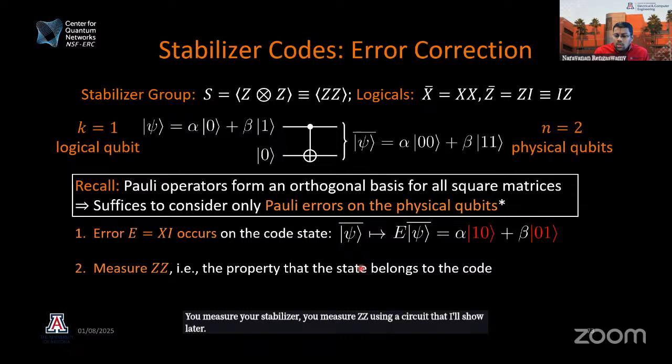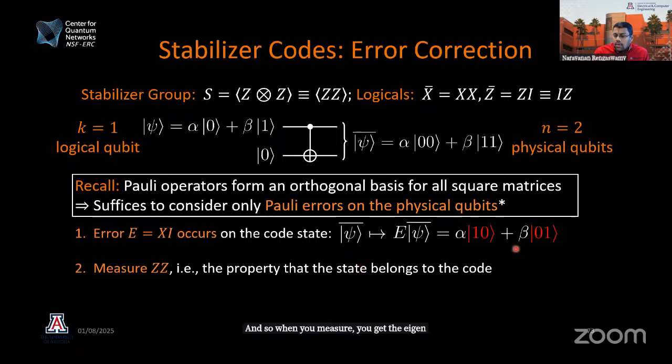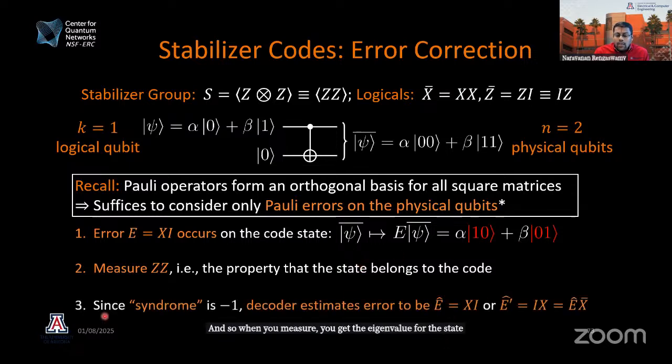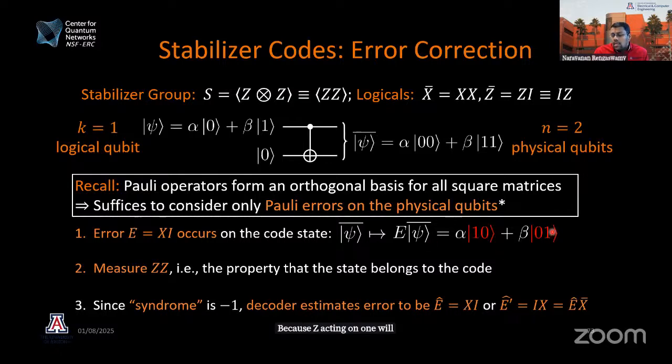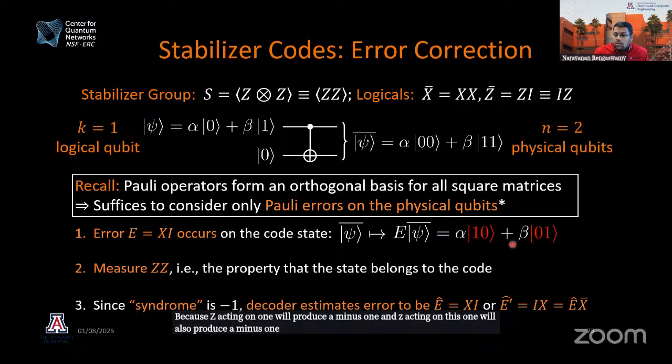When you measure, you get the eigenvalue for the state. In this case, the eigenvalue of this state with respect to ZZ is not +1. It's actually -1, because Z acting on 1 will produce a -1, and Z acting on this one will also produce a -1. So the eigenvalue for this state is -1 with respect to ZZ.